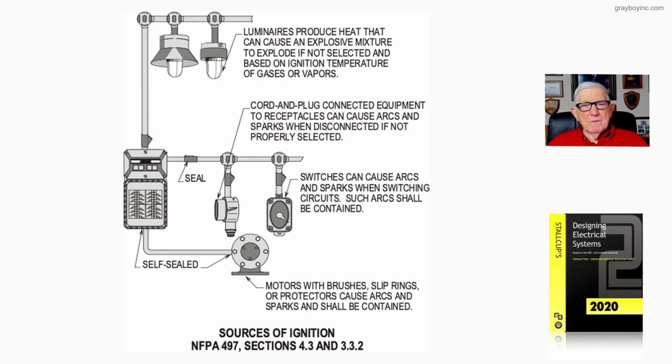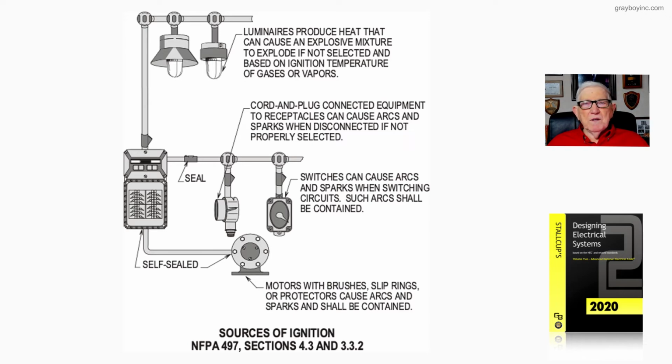And then when you drop down to cord and plug connected equipment, then we have to review 501.140, 501.145, and then again there's usually two types of receptacle outlets that we naturally would look at.